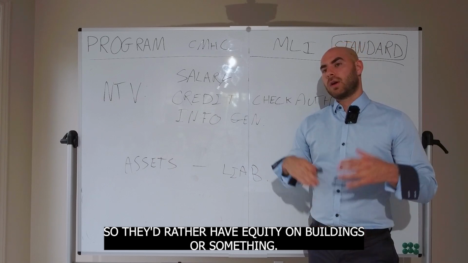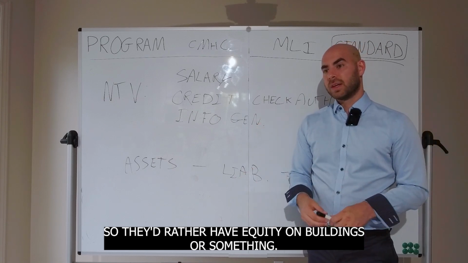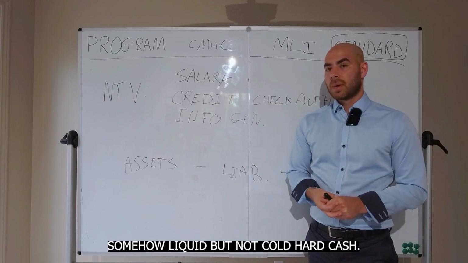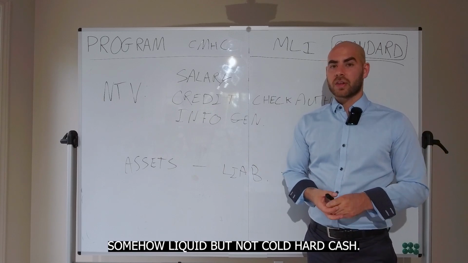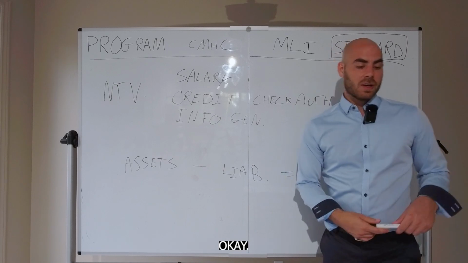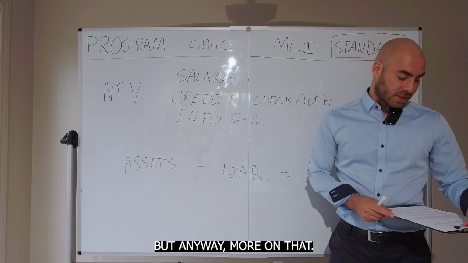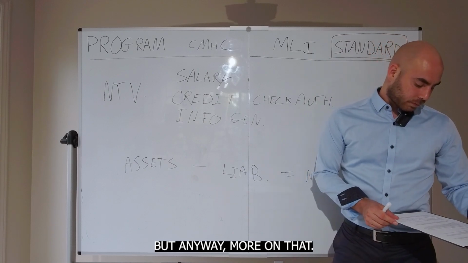So they'd rather have equity in buildings or something that is somehow liquid, but not cold hard cash, okay? So this is something that happened in a file, but anyway, more on that.